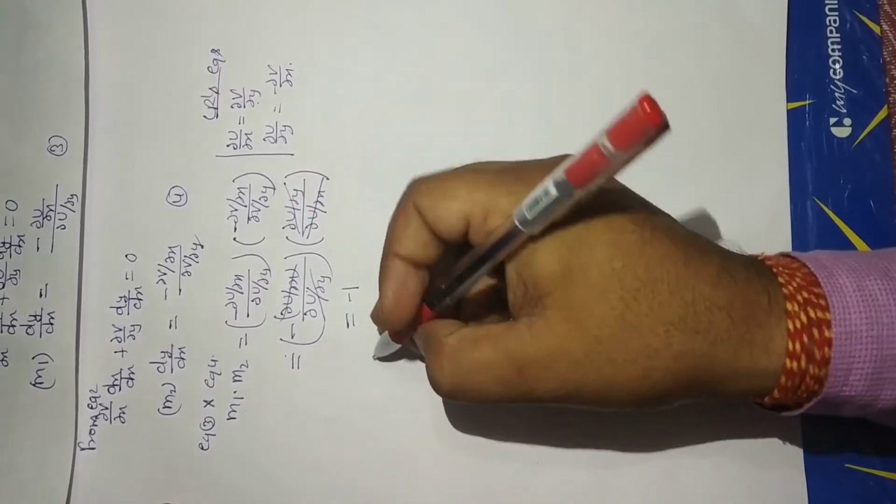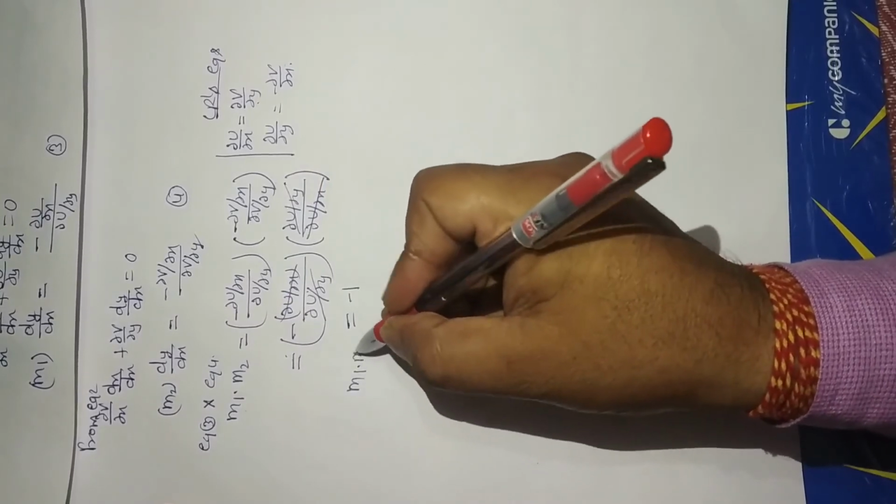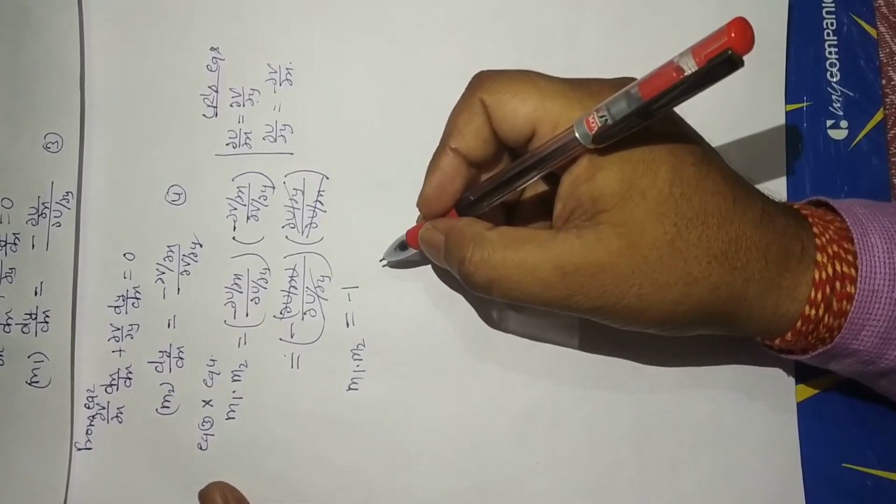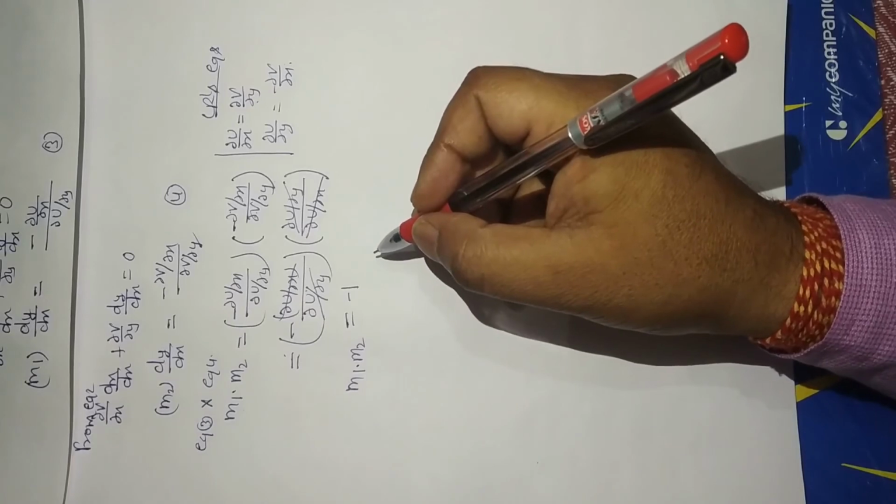This is equal to minus 1. m1 into m2 is equal to minus 1.